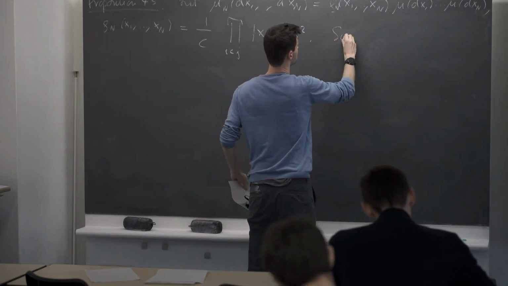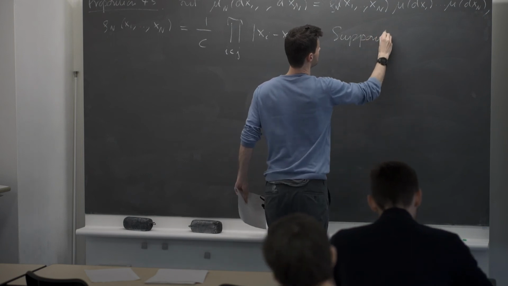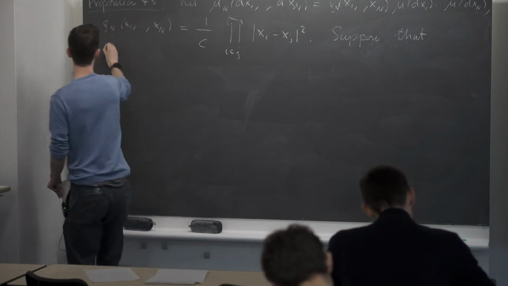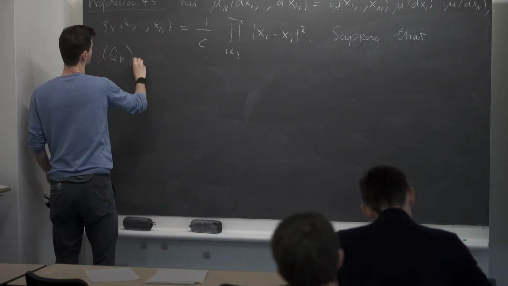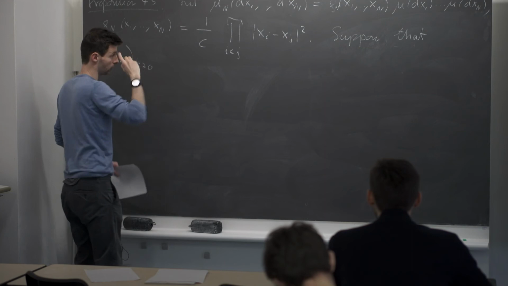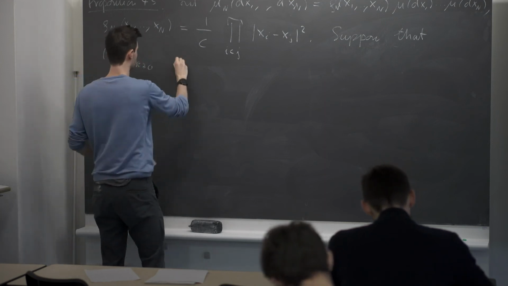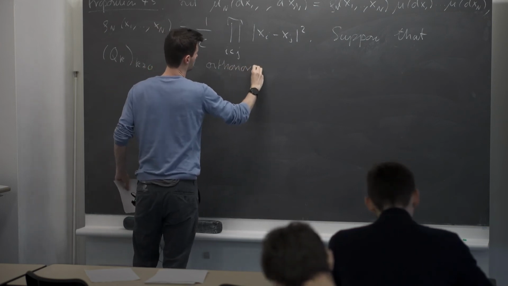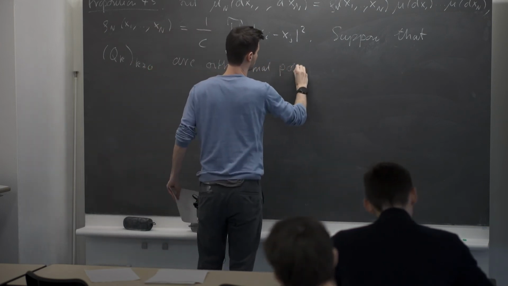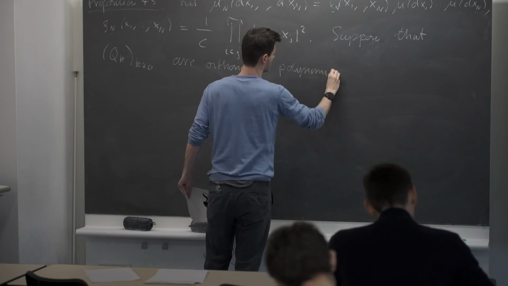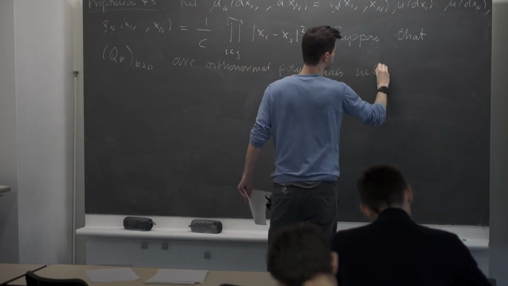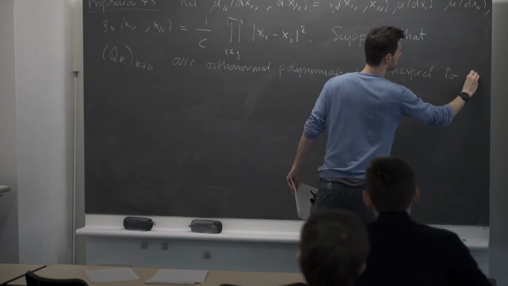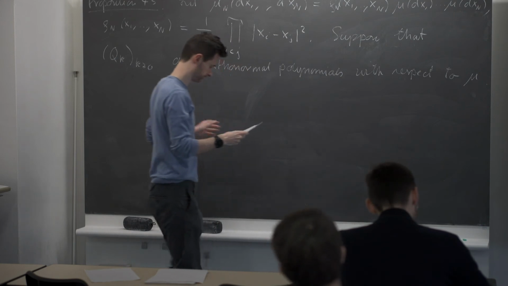And then I suppose that this family q_k are orthogonal or orthonormal polynomials with respect to mu.